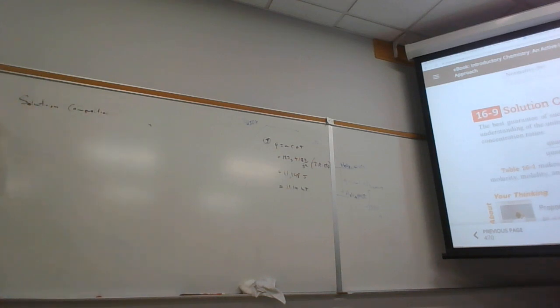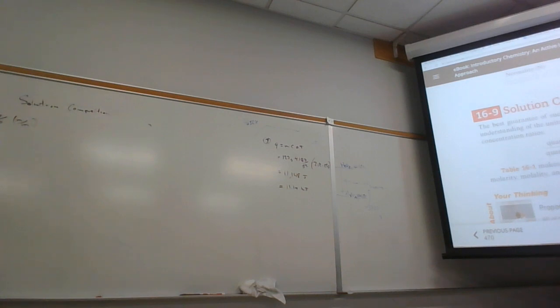So the first one is going to be percent. It's going to either be m/m. You recall what m/m stands for? Well, it's not molar mass. The little m over little m means mass ratio.